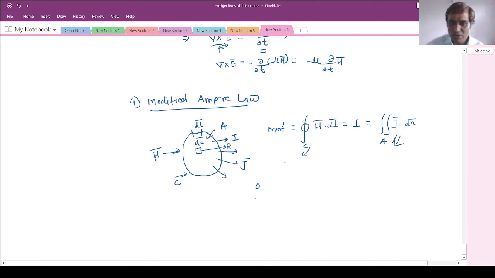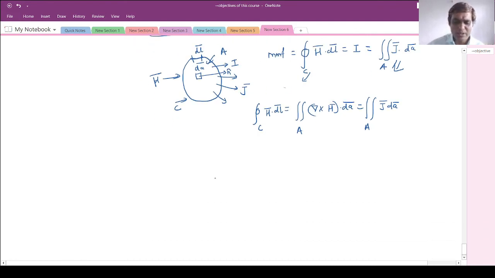So this contour integral, H bar with dl bar, I can write using Stokes theorem as the curl operation on H. This is the vector product of the gradient with H bar, over the small area dA bar, and this is equal to the total current flowing inside the loop, which is J bar dA.